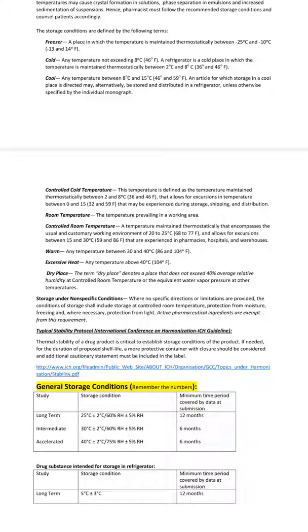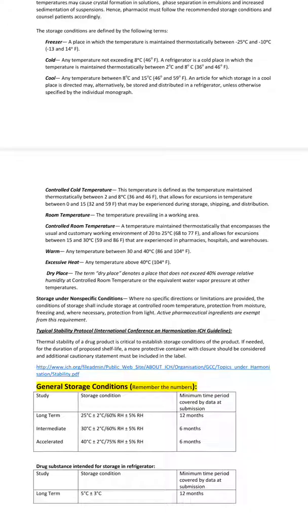Cool, 8 to 15. So it goes -25 to -10 is freezing, and then cold is 2 to 8, because your fridge is cold from 2 to 8, and cool is just like my desk made of metal or something is cool to the touch. It's 8 to 15. Okay.